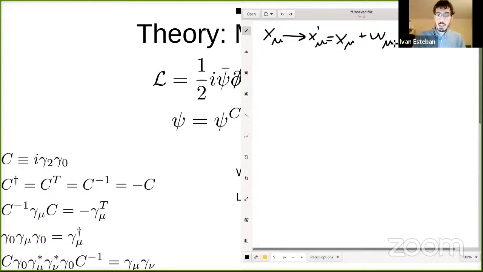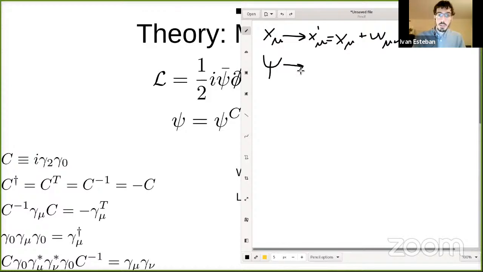And for those of you that are more familiar with general relativity and space-time algebra, basically Lorentz transformations are linear transformations where this matrix has a determinant 1. So this matrix omega mu nu fully characterizes my Lorentz transformation, and under this Lorentz transformation, fermion fields also change.